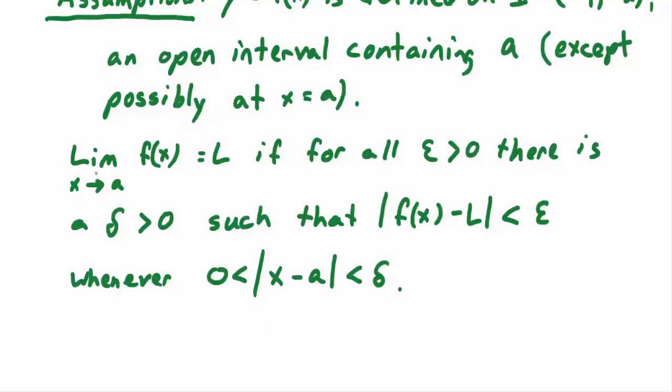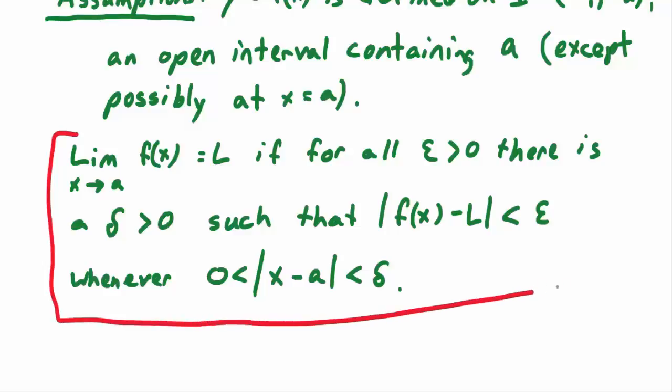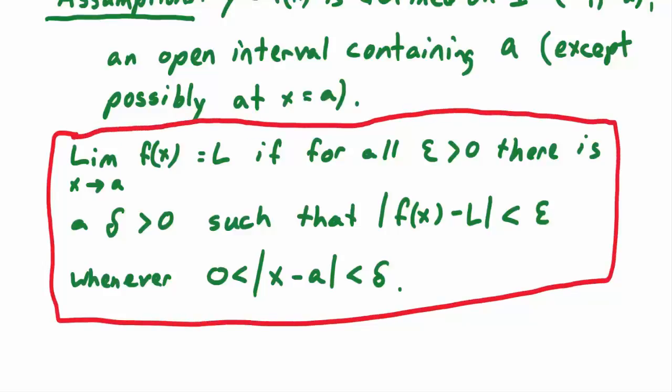So this is just a formal way of saying what the picture that we just talked about says. You give me an epsilon, then there is a delta such that we can get the distance between f of x and L less than epsilon as long as x is within delta of a, but not equal to a itself.